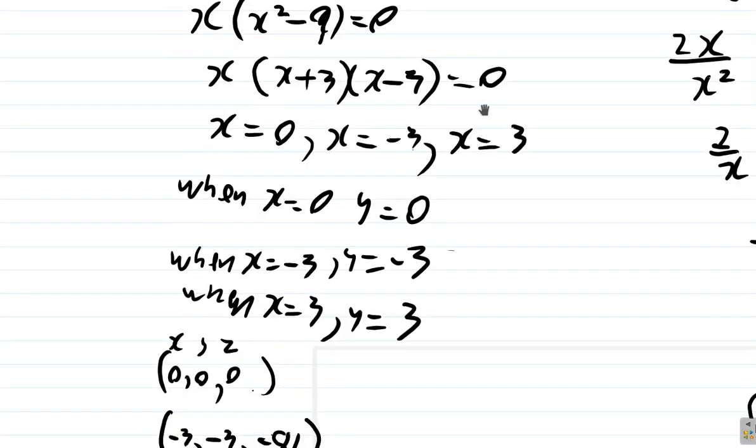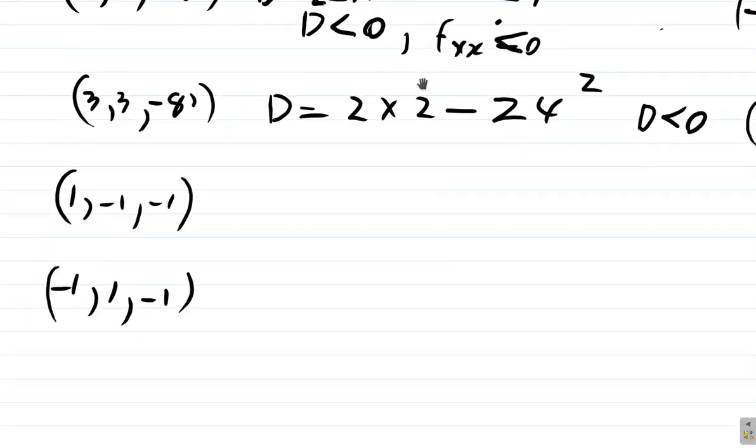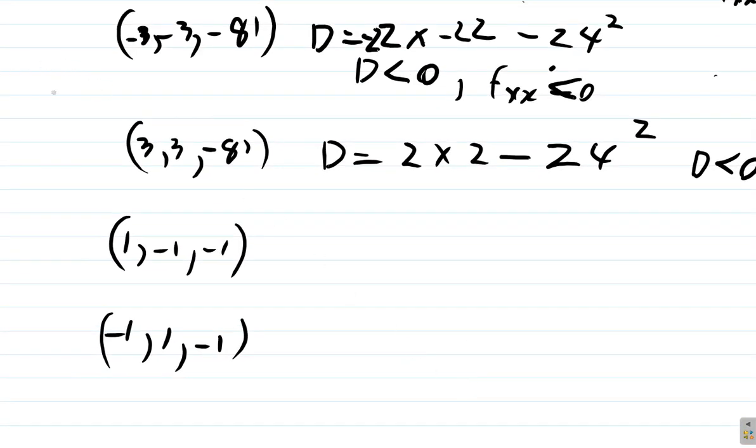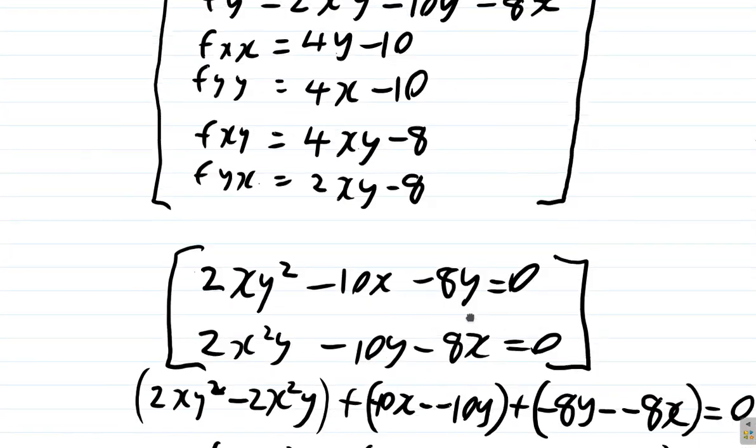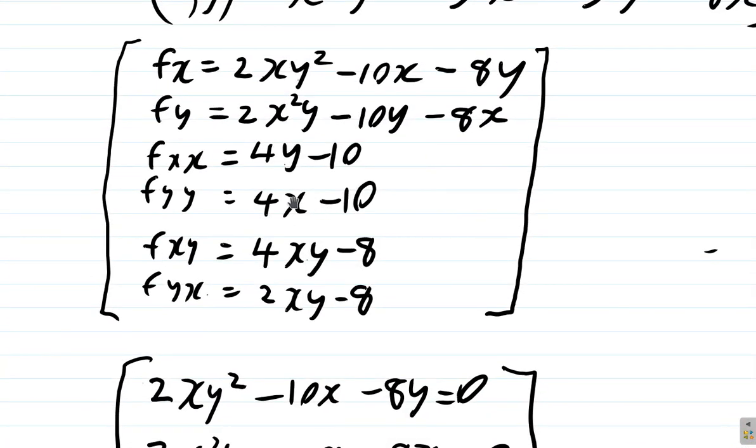So you have a negative 6 here. So D would be negative 6 times, and then the fyy. Here, x is a negative 1.